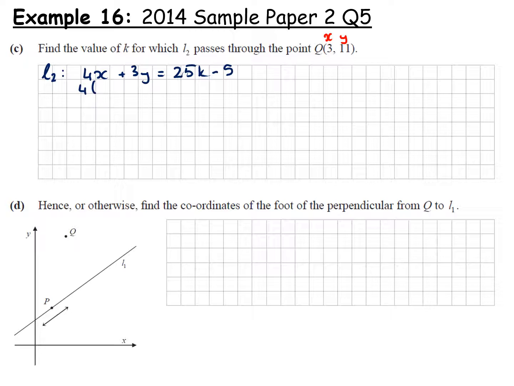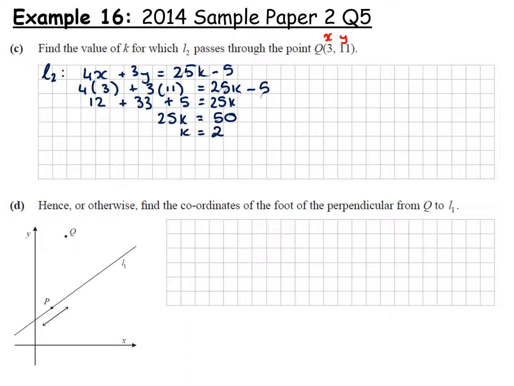So we have 4 times 3 plus 3 times 11 equals 25k minus 5. So we have 12 plus 33 plus 5 equals 25k. I like to have my letters on the left, so I'm going to just flip it around. So we have 45, we have 50, and then k equals 2.